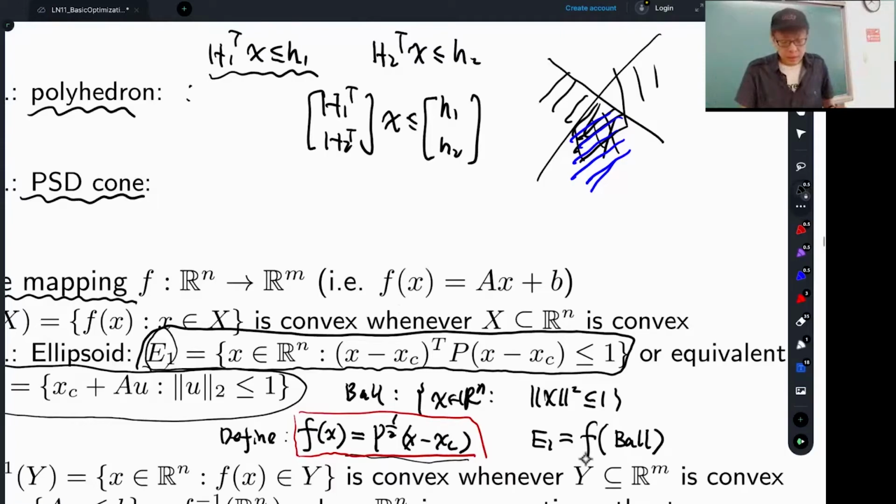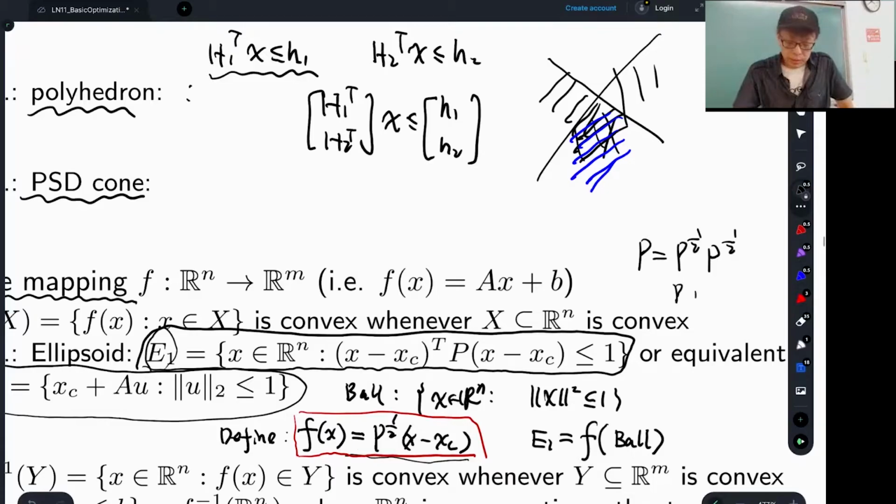What does this mean? You plug any point in the ball, you apply this mapping, and that becomes a point in E1. So E1 is essentially, you take a point in the ball, then you do this mapping, and it becomes a point of this form.